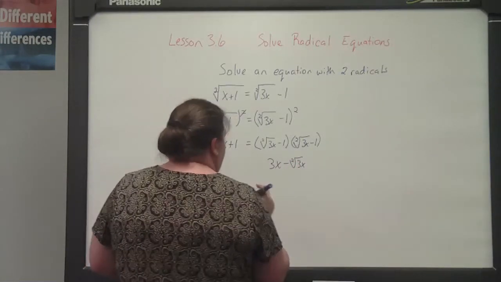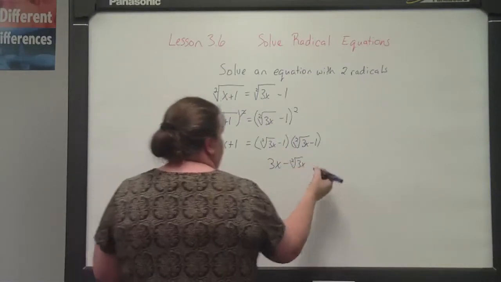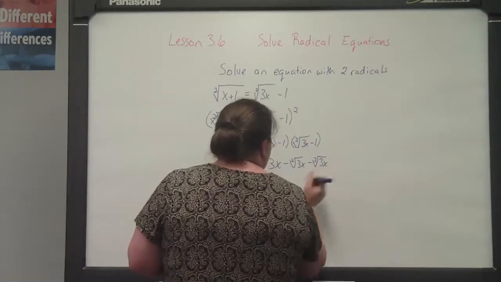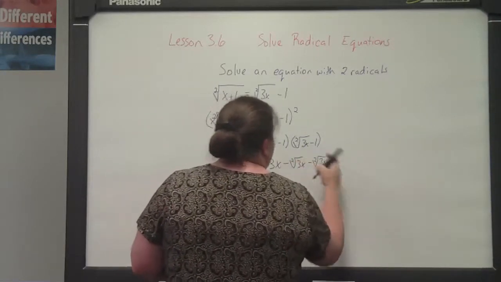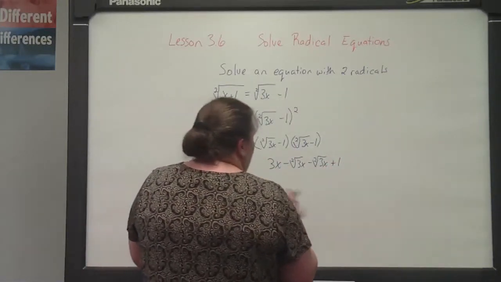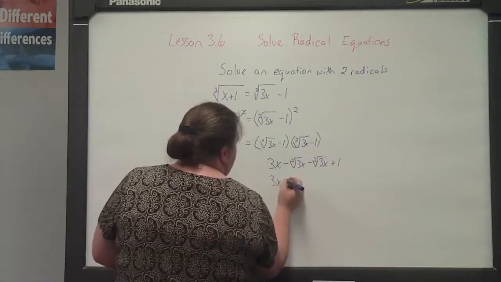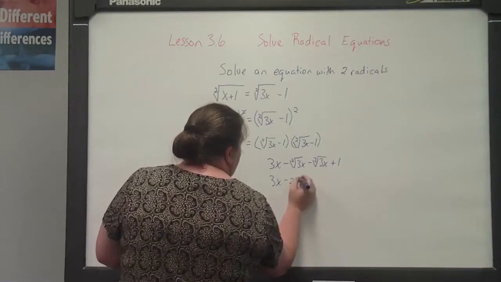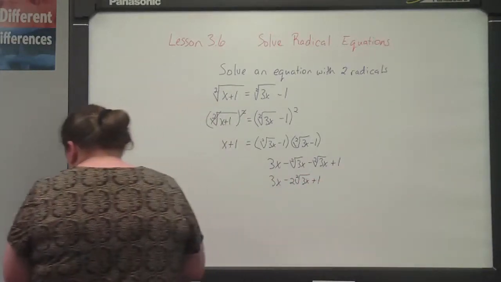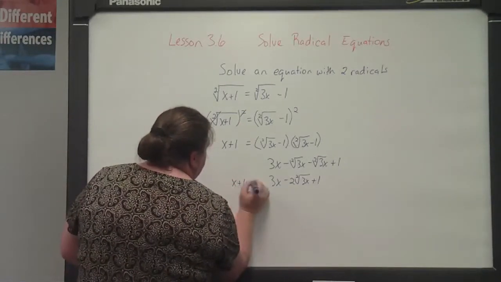And then a negative 1 times the square root of 3x gives us another negative square root of 3x. And then we have a negative 1 times a negative 1 gives us a positive 1. What we have now on this side is 3x minus 2 square root 3x plus 1. And again, this is my x plus 1 equals.